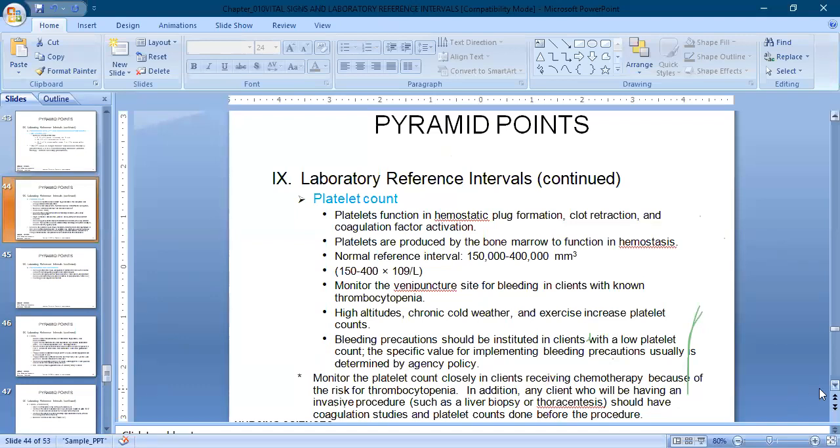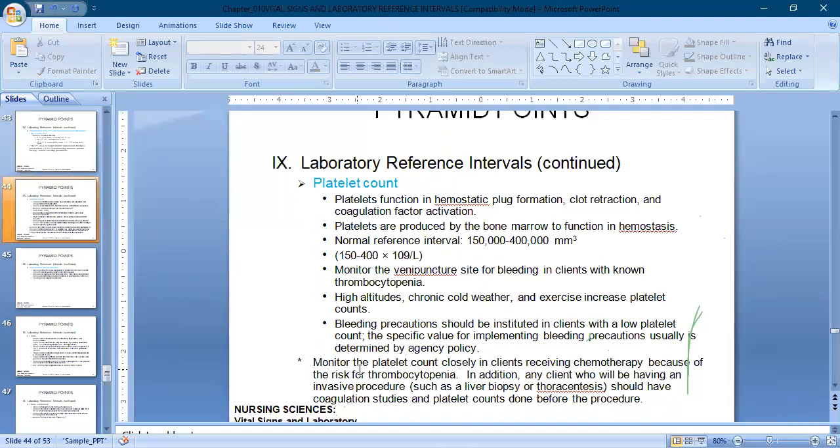So here we said we have to monitor the platelet count very closely in clients who are taking chemotherapy, meaning cancer medication. If any patient is diagnosed with cancer and you give them chemotherapy, they have a chance of developing bone marrow suppression.